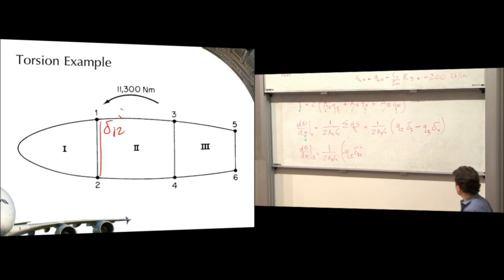Okay. Plus Q2 delta 2, minus Q3. What delta do I need here? 3, 4.